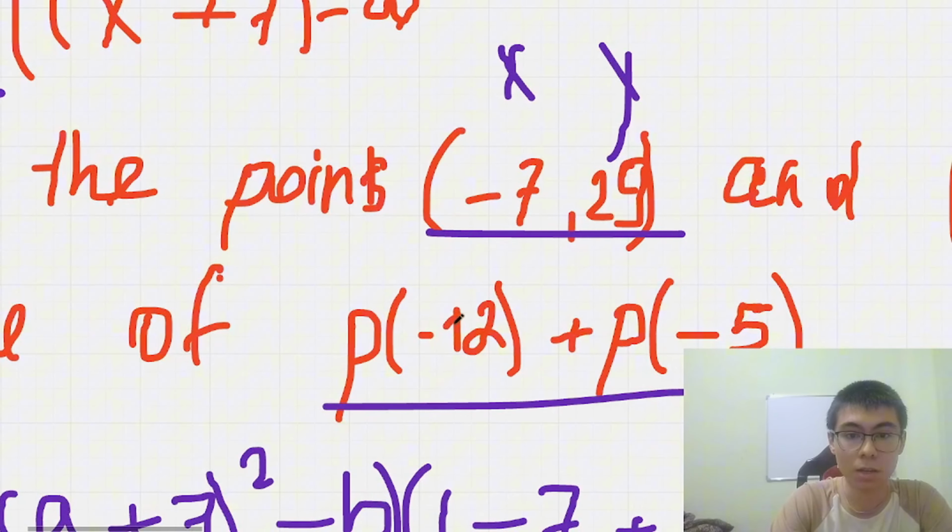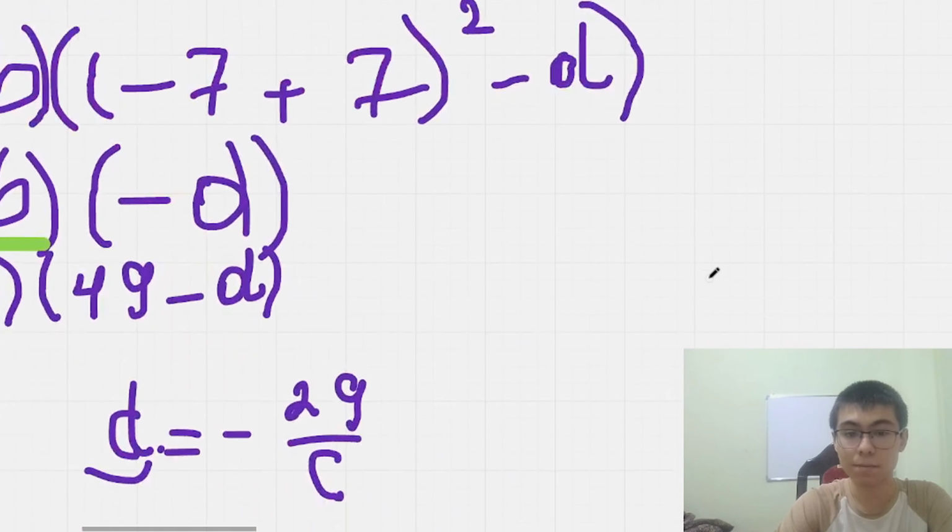Minus 12 plus 7 is going to equal minus 5. So 25 minus d.